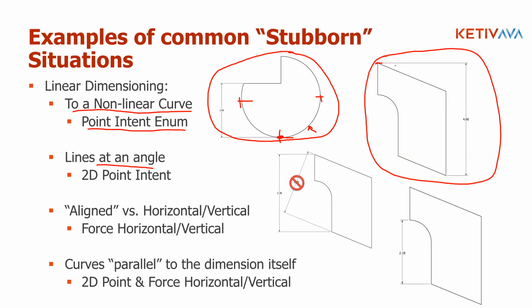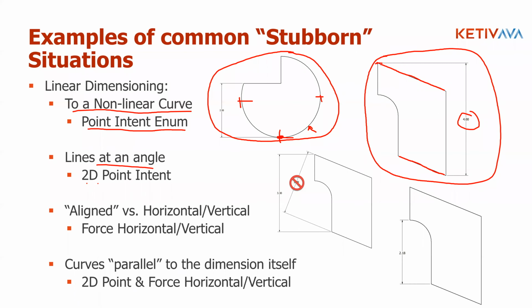None of the Inventor dimension commands accept points. They accept what's called a geometry intent, and geometry intents have to be based off of curves, like this curve right here and this curve right here. So understanding how to create this vertical dimension off of those two angled curves can be frustrating. We'll talk about that.